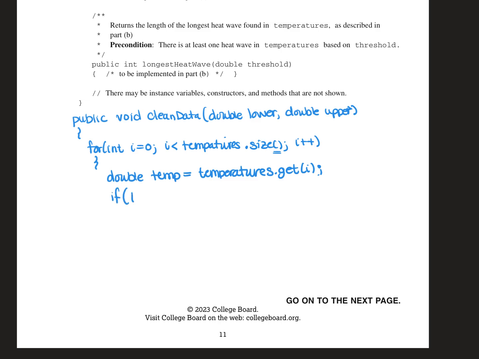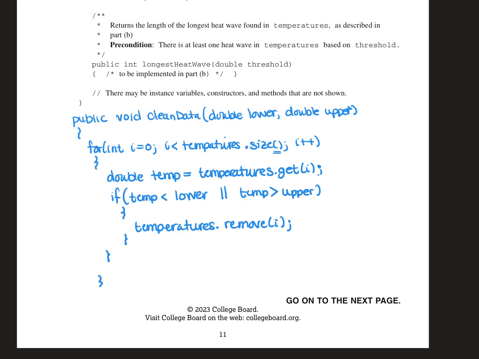So if the temperature is strictly less than lower, or if the temperature is greater than upper, then we're going to remove it. So we're going to do temperatures dot remove i. This doesn't have a return type, so there's nothing else we need to do.